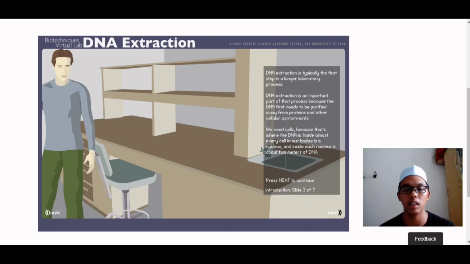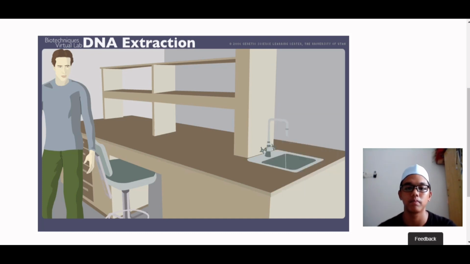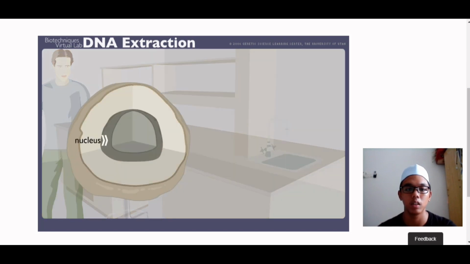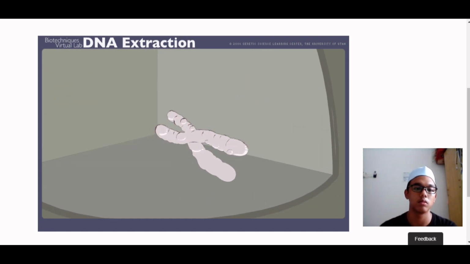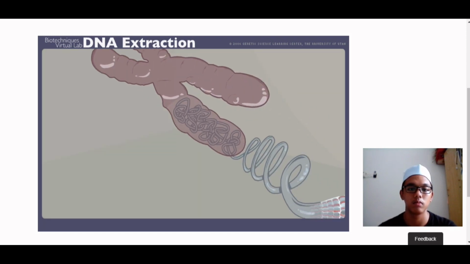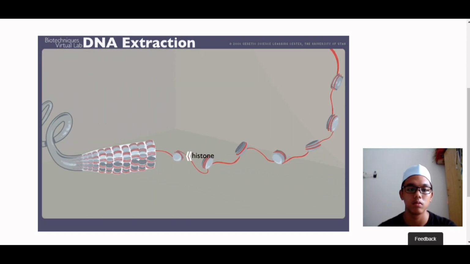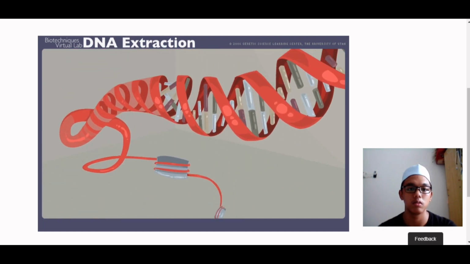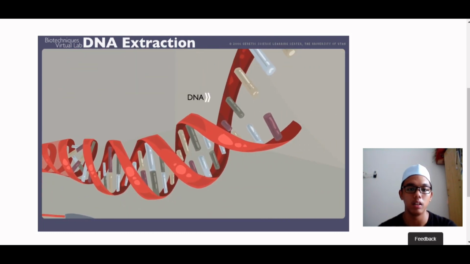Inside almost every cell in our bodies is a nucleus. Inside each nucleus, there are about 2 meters of DNA.